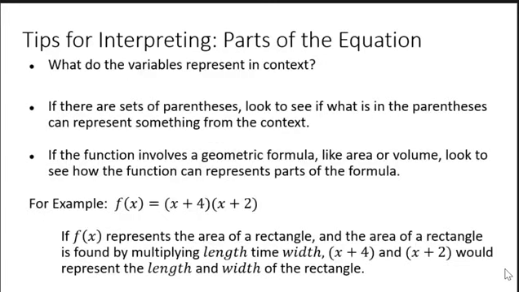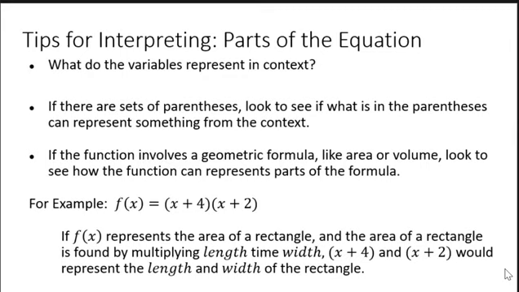In addition to interpreting key features, there is also a need to be able to interpret parts of an equation. When doing this, make sure that you understand what the variables represent in the problem. Look at the structure of the equation. If there are groups of terms in a set of parentheses, look to see if everything in that set of parentheses could represent something from the problem.